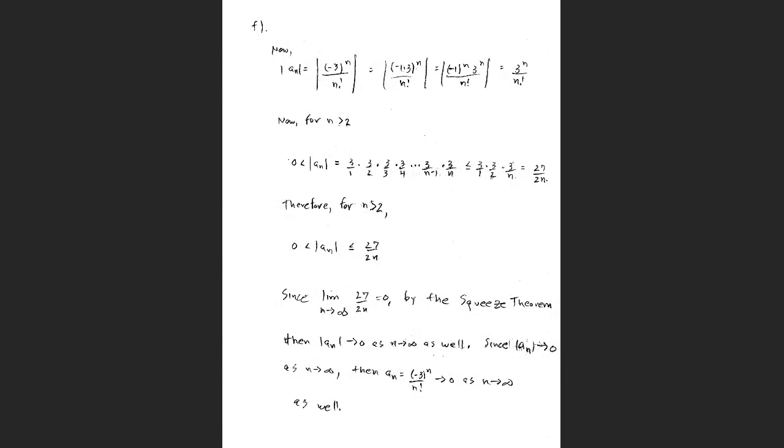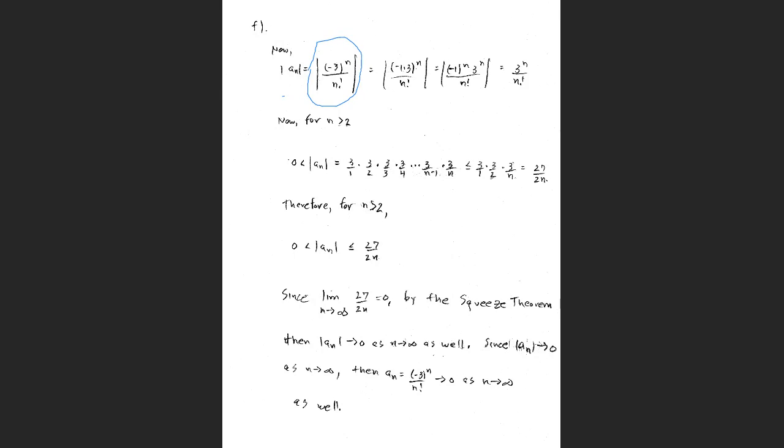What you're going to do is look at the absolute value of the sequence. This is just like the first sequence we looked at, where we took the absolute value, because we don't want to worry about the oscillation behavior right now.